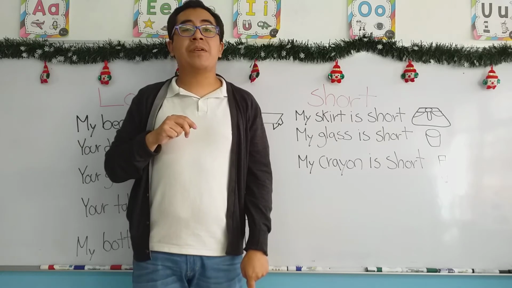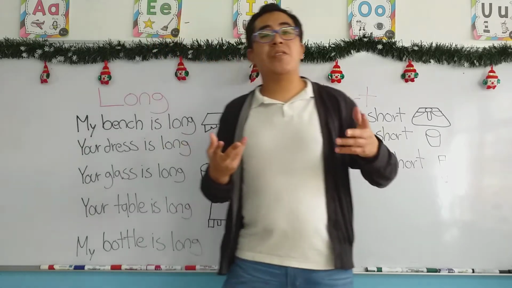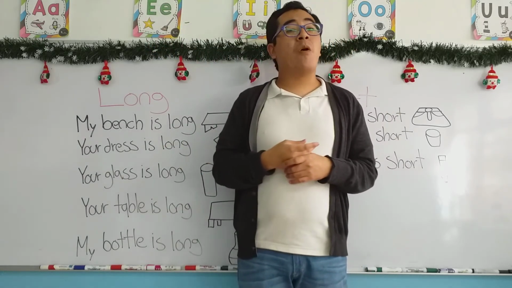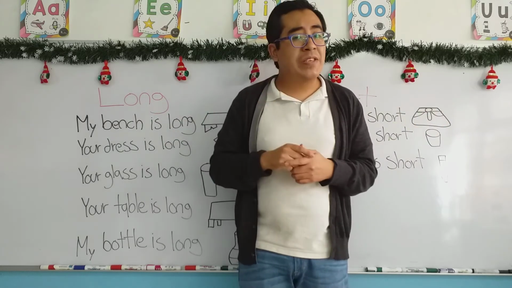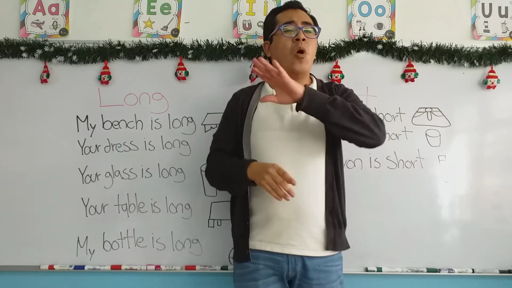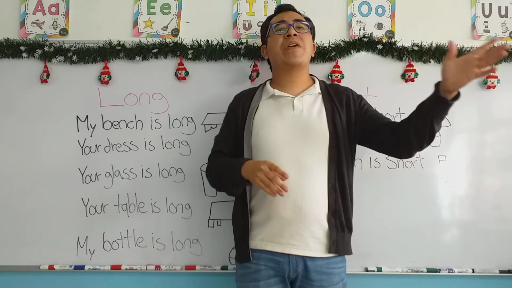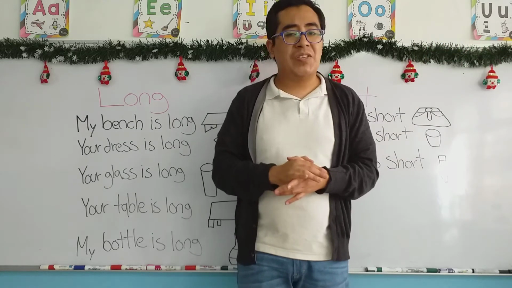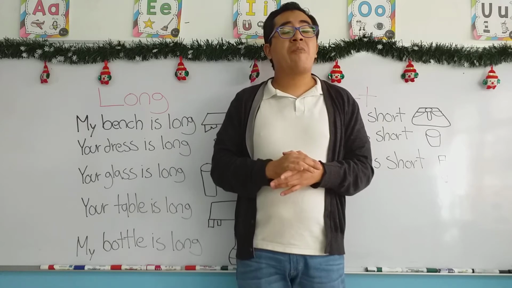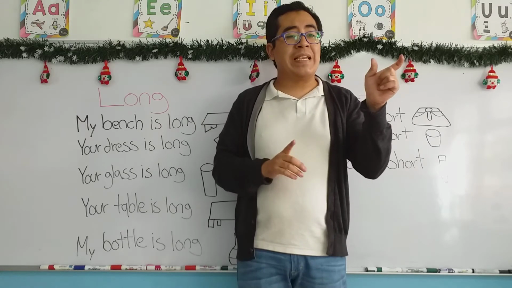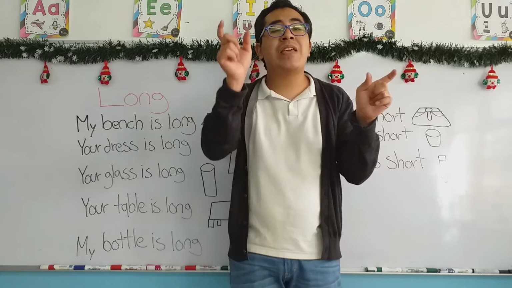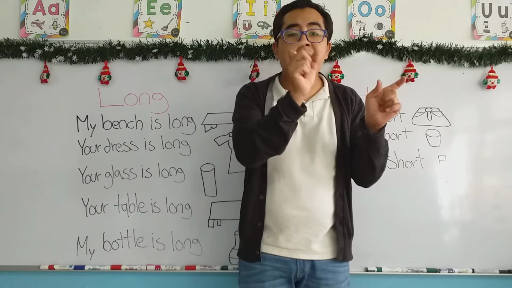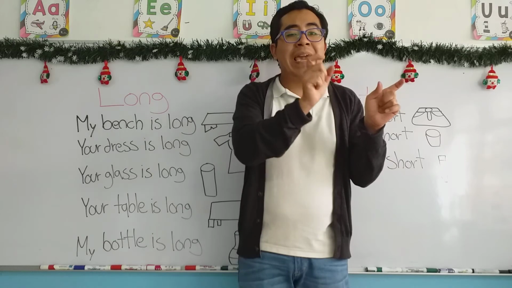Okay? Very good. Now, once again, my children, this type of exercises or sentences, you can practice them at home with all the vocabulary that we have been practicing. Now, remember, when you say the object, it's necessary that you say is and you mention the adjective. The word is in Spanish, es.